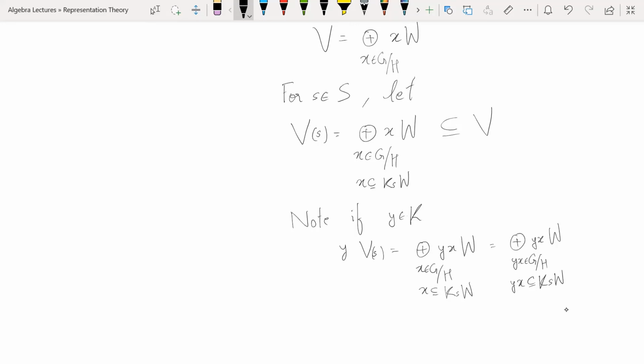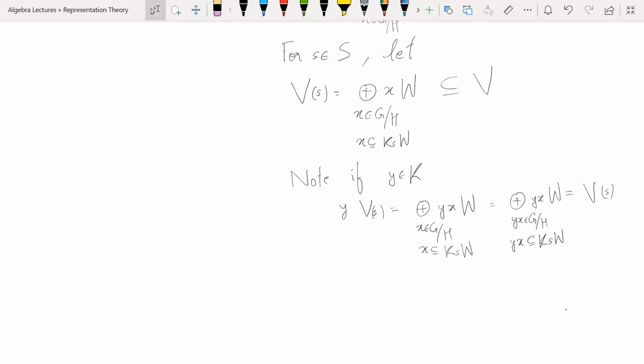So yx is an element of G mod H if x is an element of G mod H, and so this is just the same as Vs. So Vs is a K stable subrepresentation of V, now restricted to K. So V restricted to K, you think of it as a K representation, then Vs is a K stable subspace, and hence a K subrepresentation.